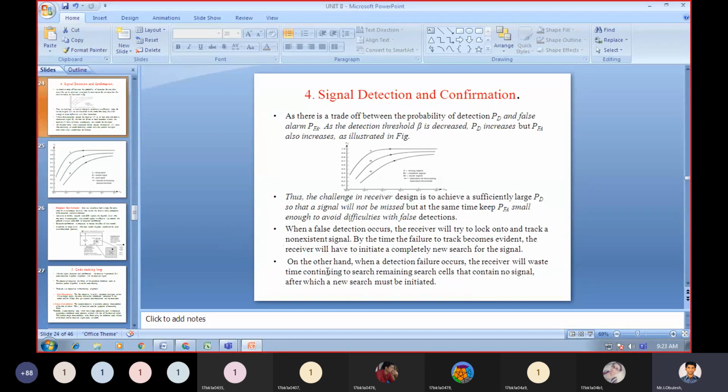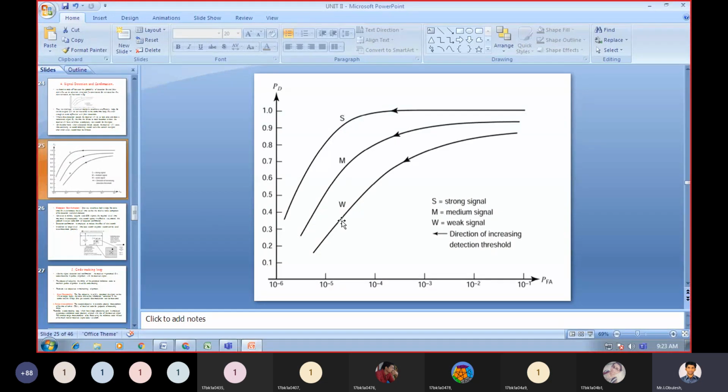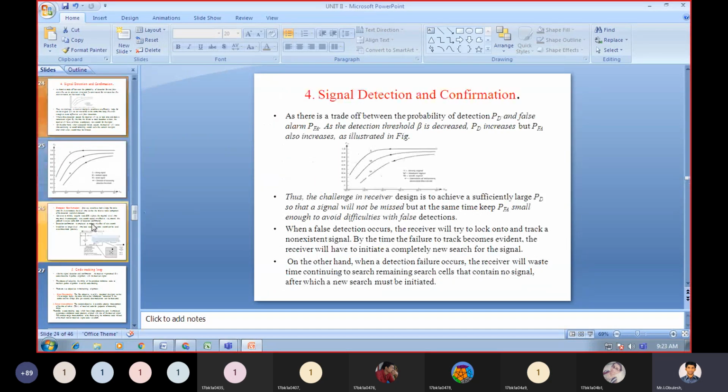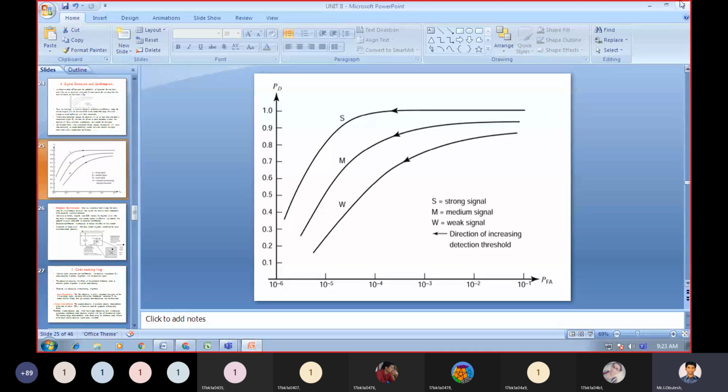So this is the figure for decreasing the detection threshold. Here we are decreasing the detection threshold value; this is the increasing direction and this is the decreasing direction. If you decrease the value of the detection threshold beta, what will happen?